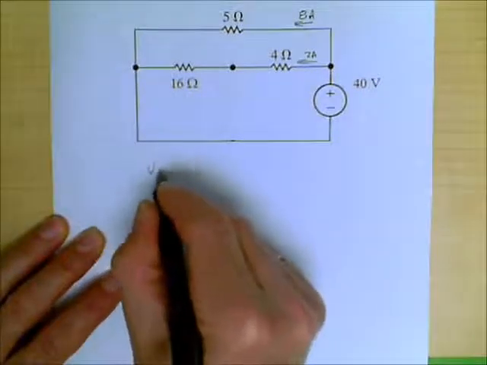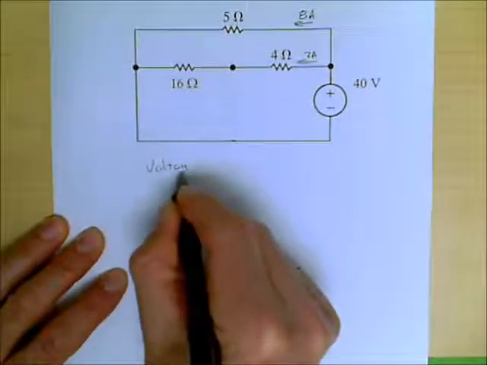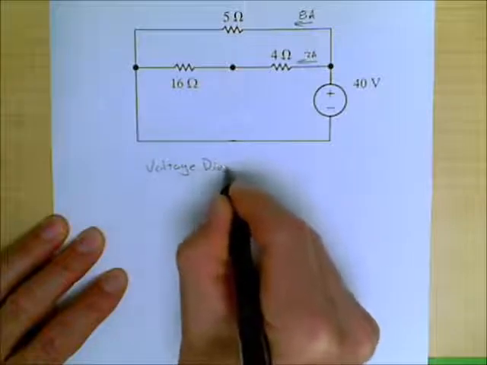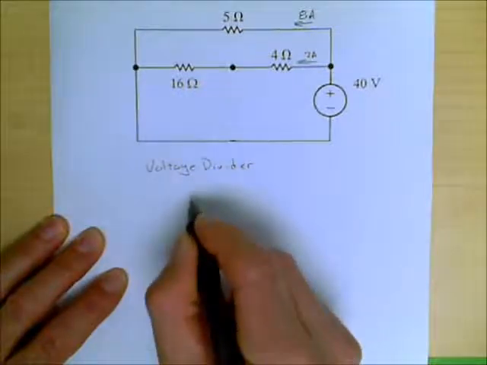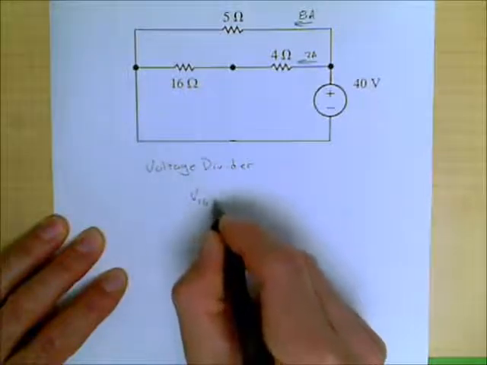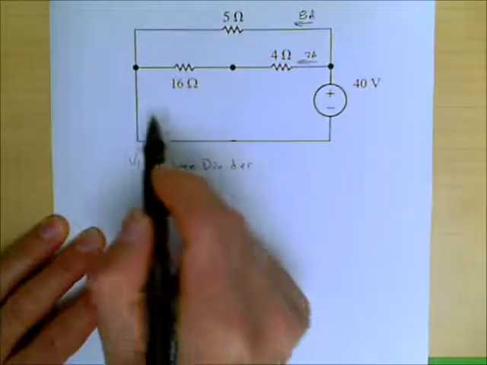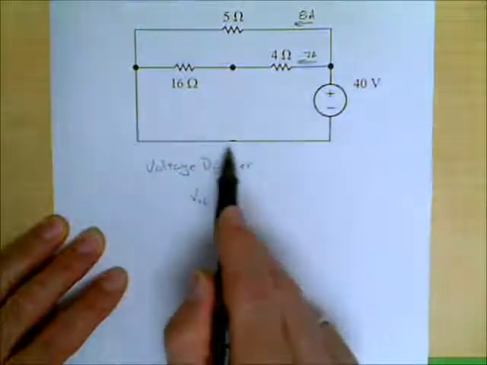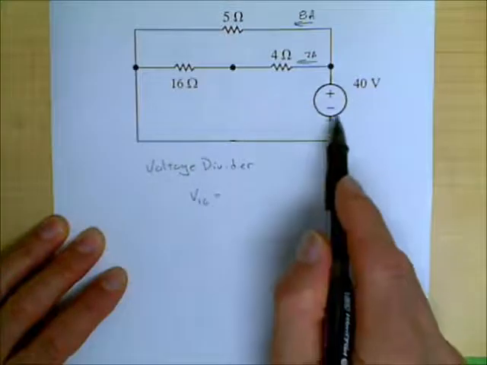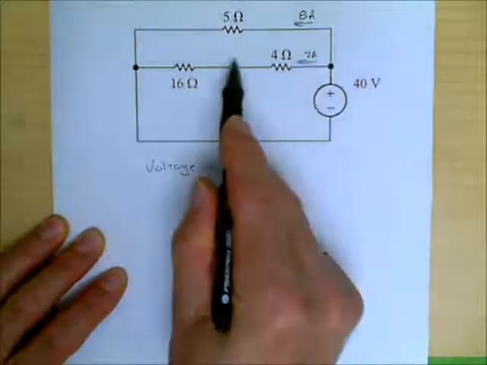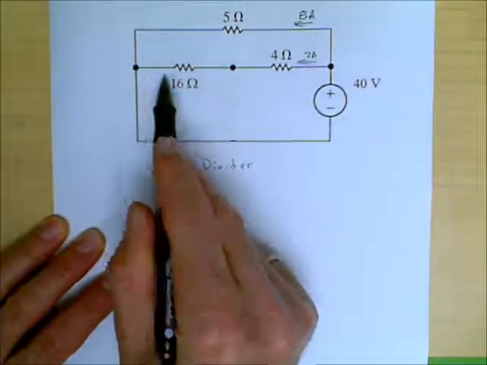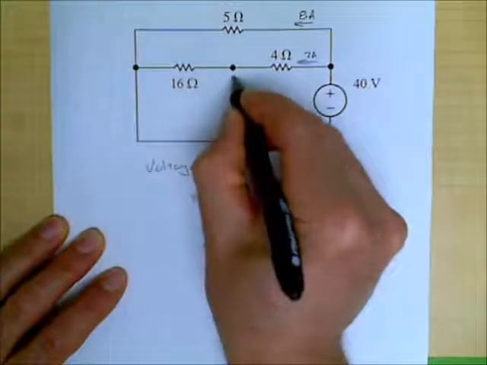And so if we use a voltage divider, we'll find the voltage across the 16 ohm resistor is equal to, notice that this is all one short circuit down through here, and so therefore the 40 volts is applied across that series combination, and the current here is 0.